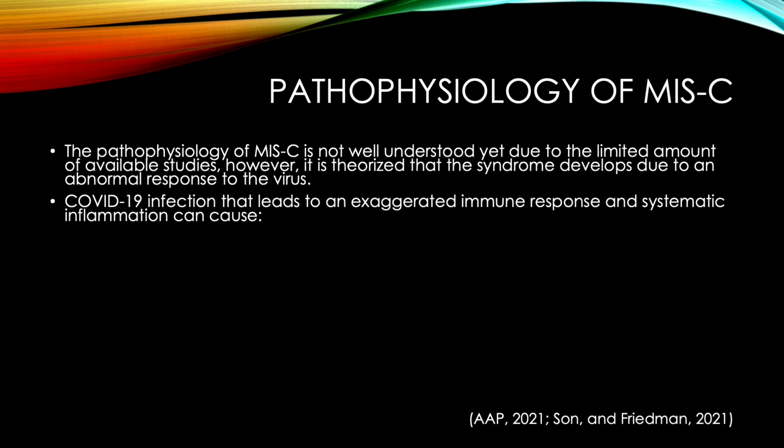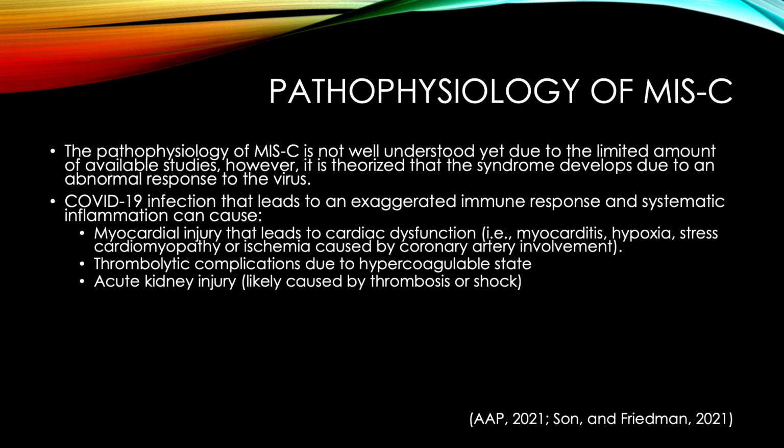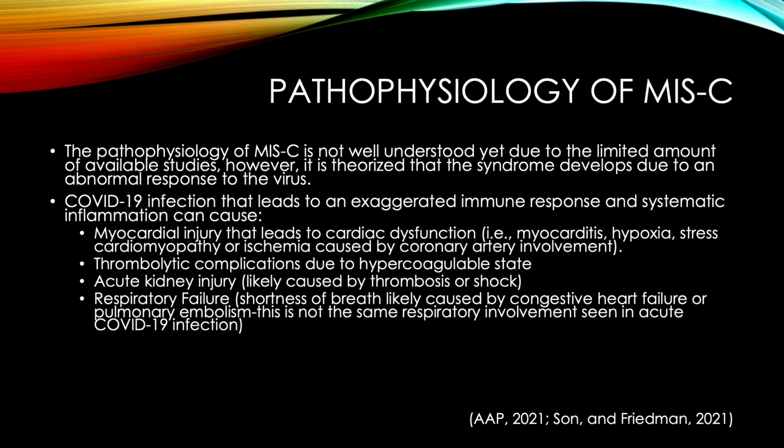Let's discuss the pathophysiology. It's not well understood because it's new and there's not that many studies, but it's theorized that this syndrome develops because there's an abnormal response to the virus, which leads to an exaggerated immune response and systemic inflammation. This inflammation can cause myocardial injury. It can cause thrombolytic complications, acute kidney injury, respiratory failure.